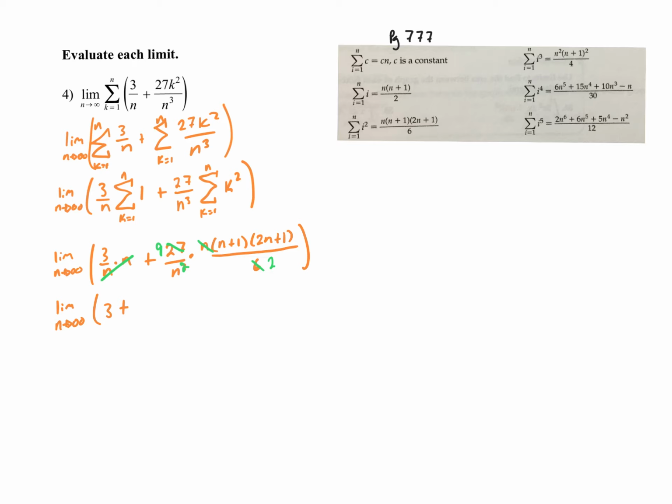So I will end up with 9 times n plus 1 times 2n plus 1, all over n squared.